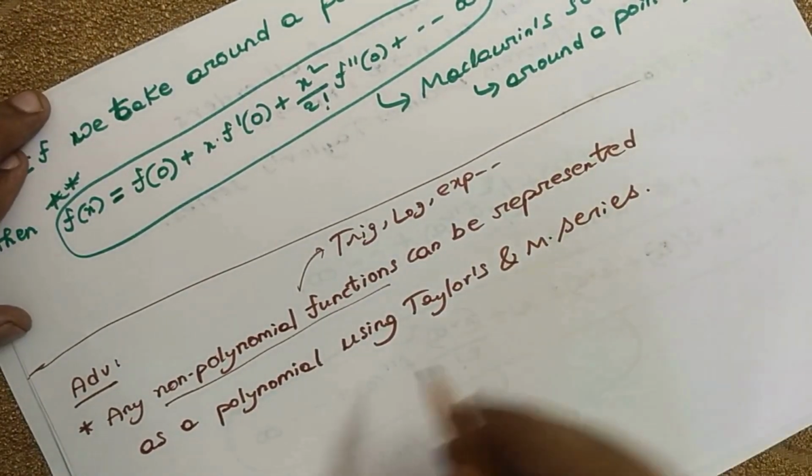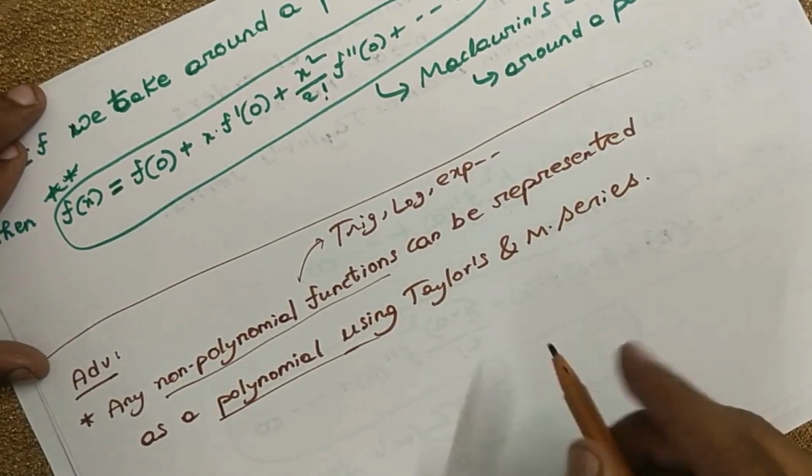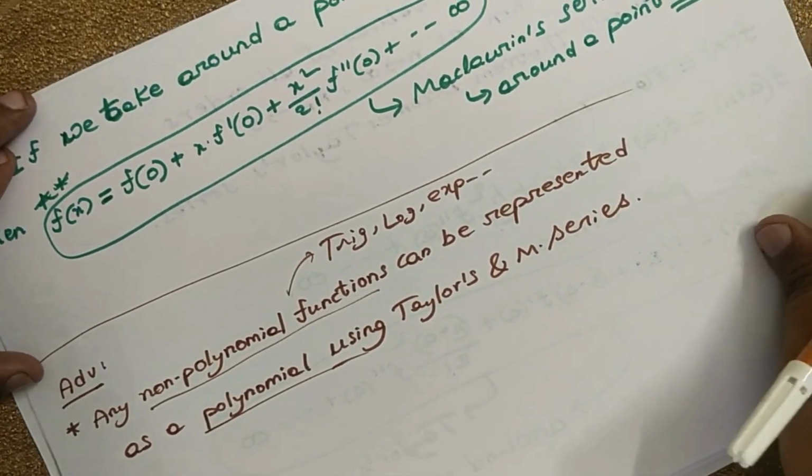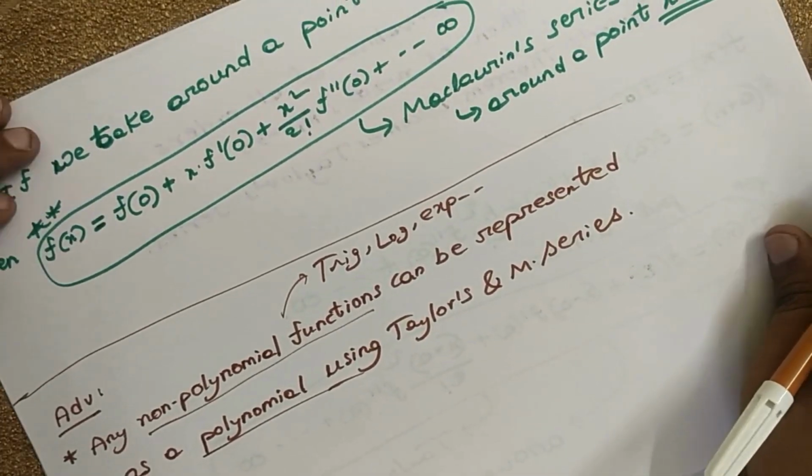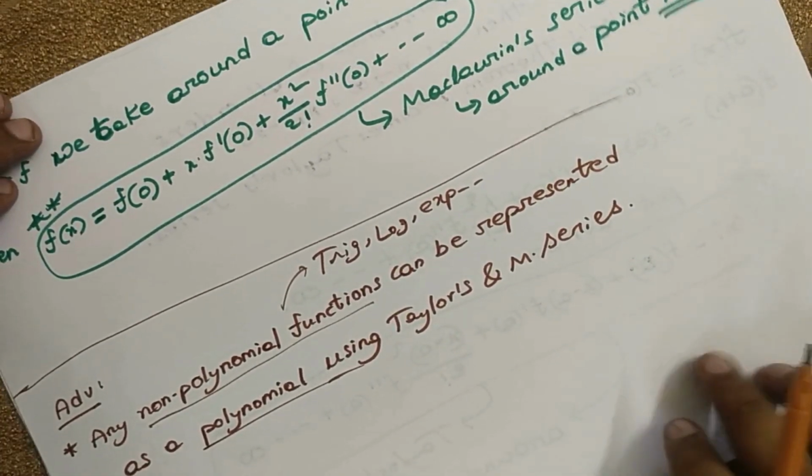So we can also represent these in terms of polynomials, that is, algebraic expressions like x square plus x cube.